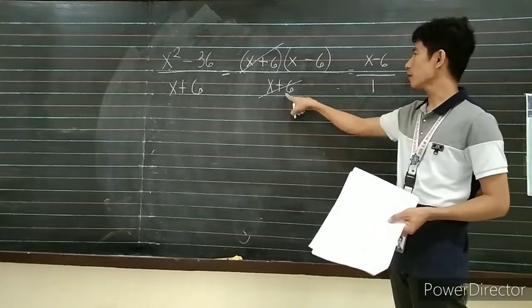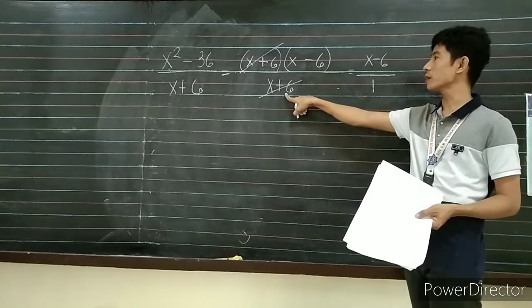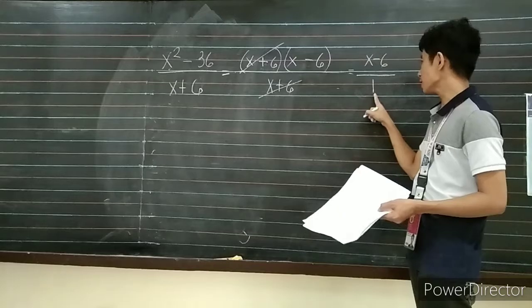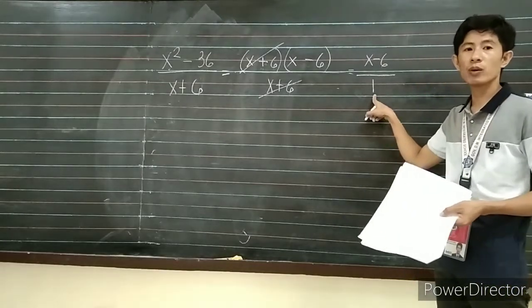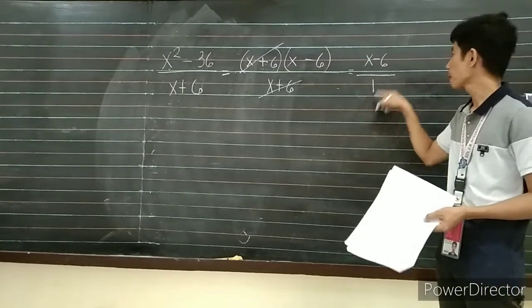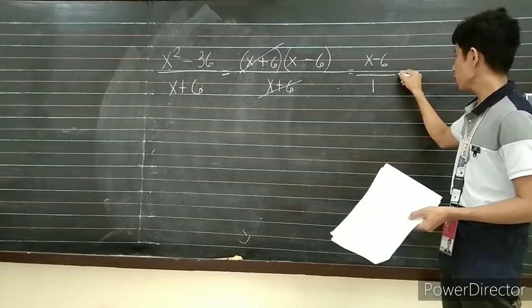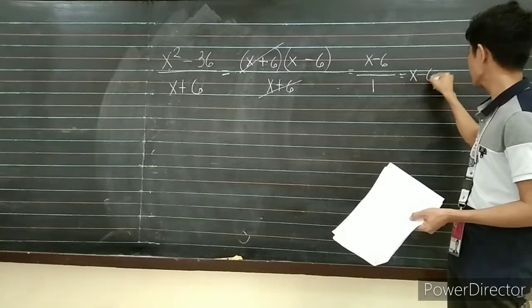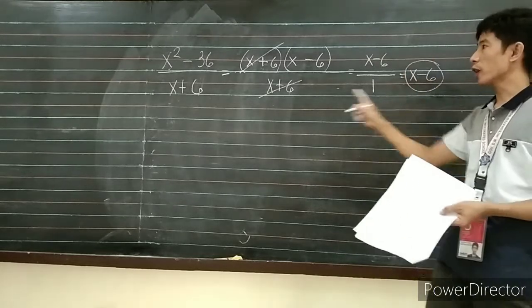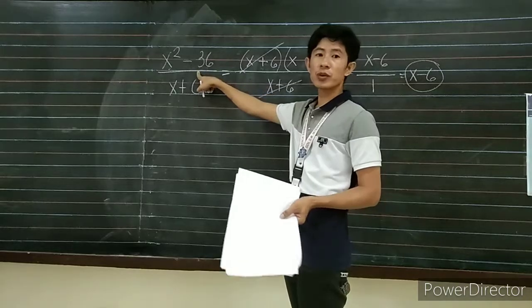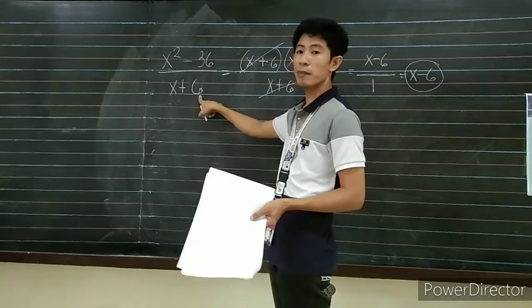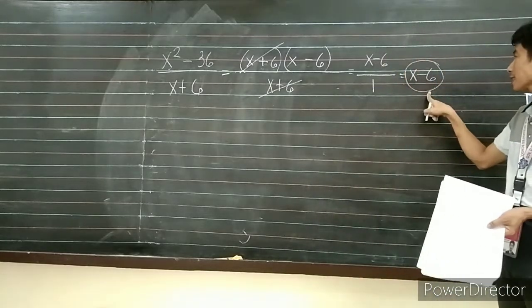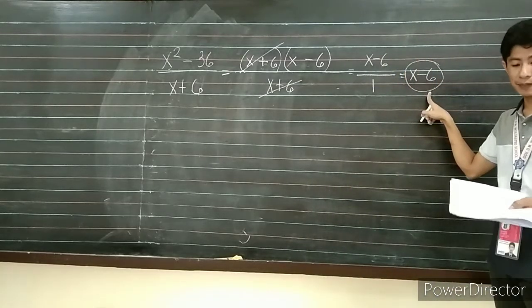Take note that if we cancel out all the terms in the denominator or in the numerator, there is always a factor of 1 left. Therefore, x minus 6 over 1 is just equal to x minus 6. Therefore, the expression x squared minus 36 over x plus 6 can be simplified as x minus 6.